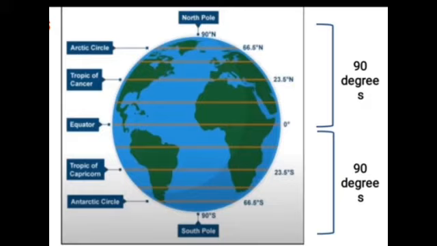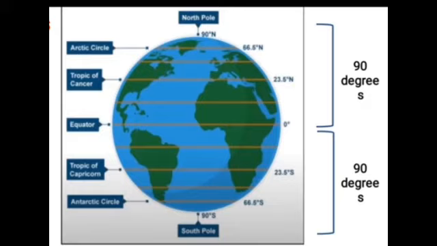The Tropic of Cancer and Arctic Circle lie in the northern hemisphere. That's why they are called north latitudes. So latitudes are named north in the northern hemisphere and south in the southern hemisphere: N for northern hemisphere, S for southern hemisphere.